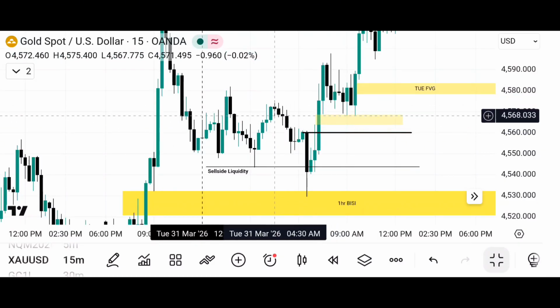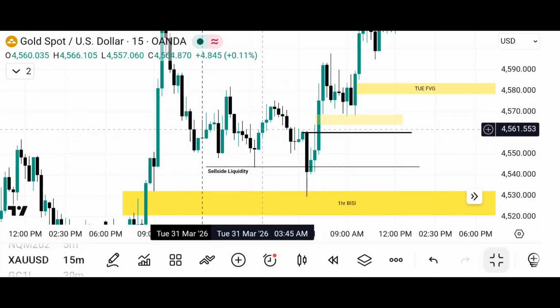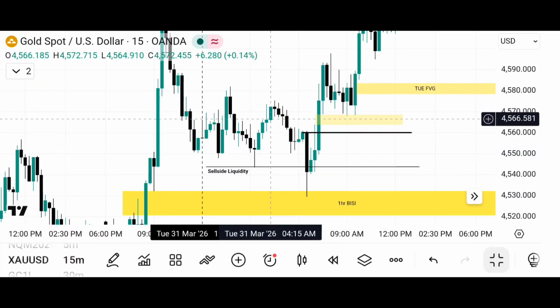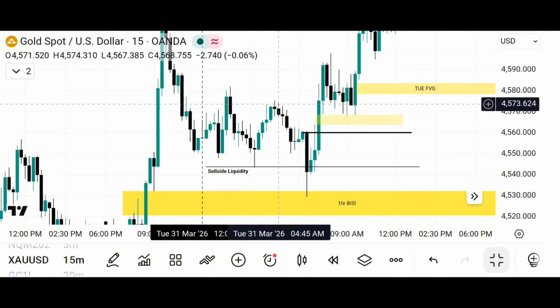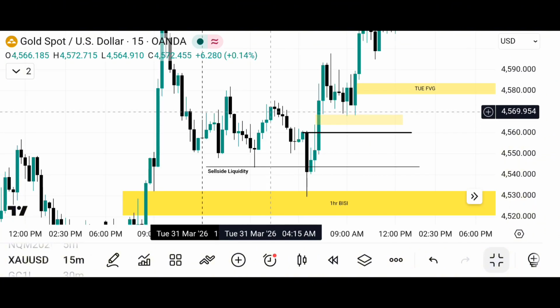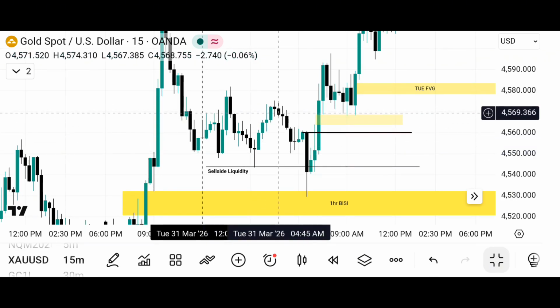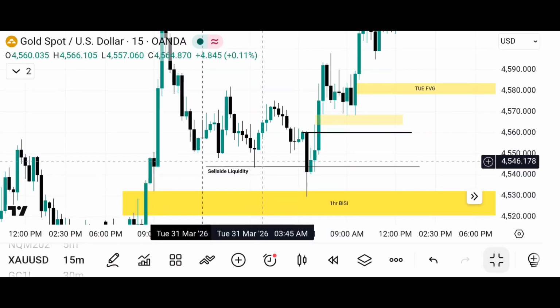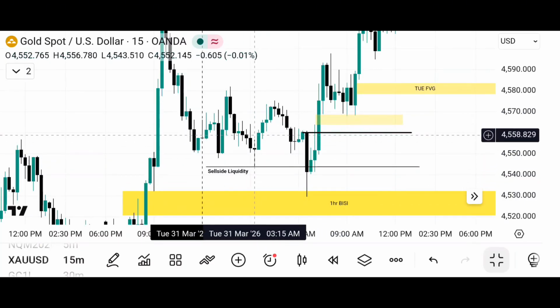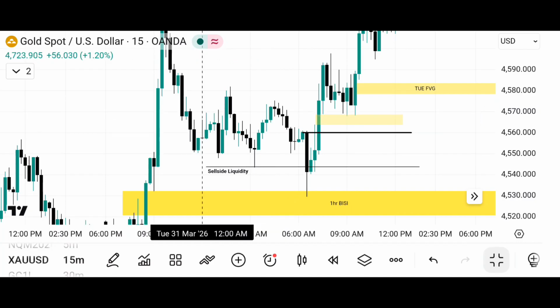The breaker block, for the bullish breaker, is the last up close candle, or the last series of up close candles, before this run down in price to take out sell side liquidity. So this range of up close candles can be considered as our breaker. Also, this one up close candle in particular can be considered as our breaker.